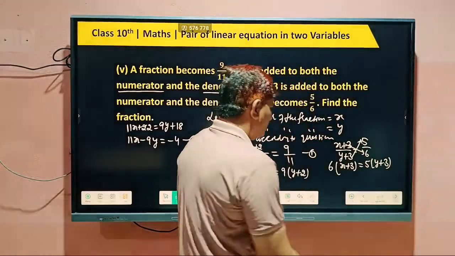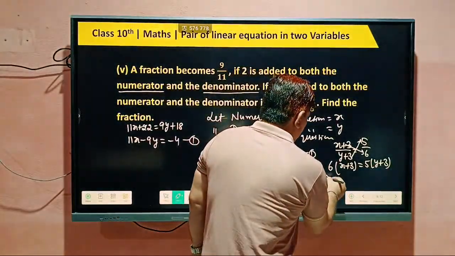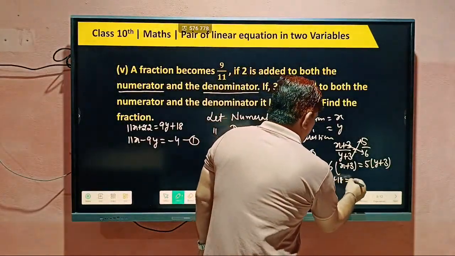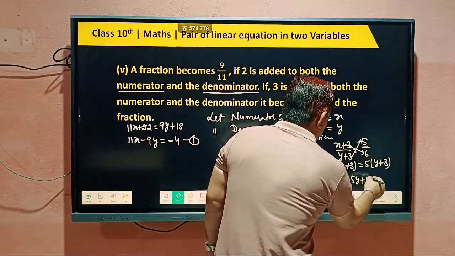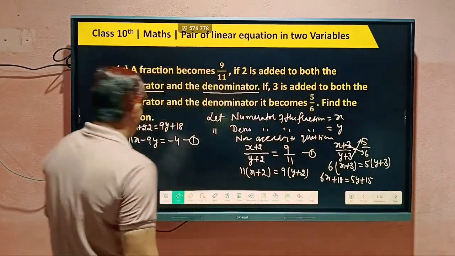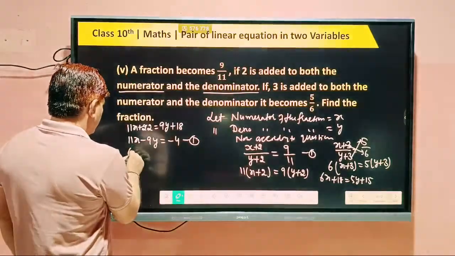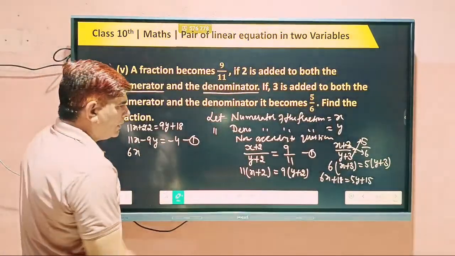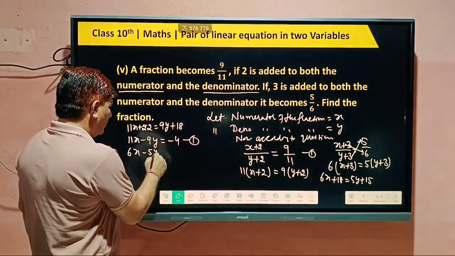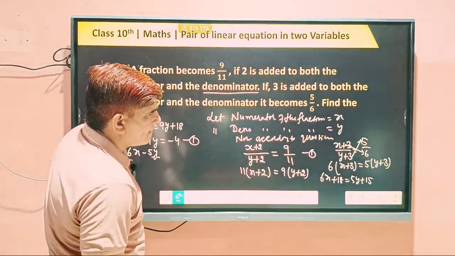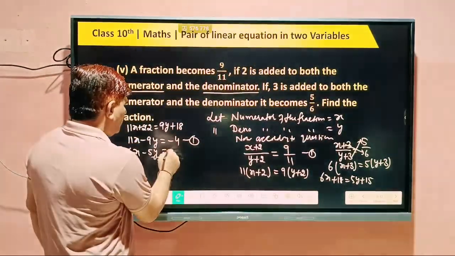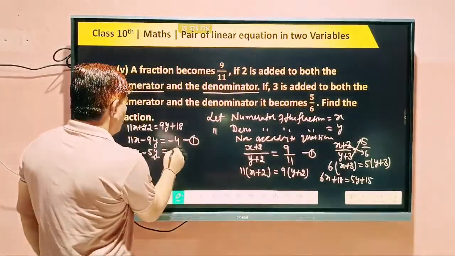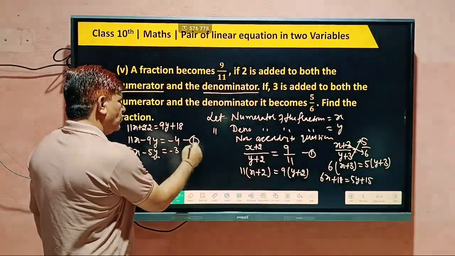So it becomes 6x plus 18 is equal to 5y plus 15. In this way we can write 6x minus 5y equal to 15 minus 18, that is minus 3. This is equation number 2.